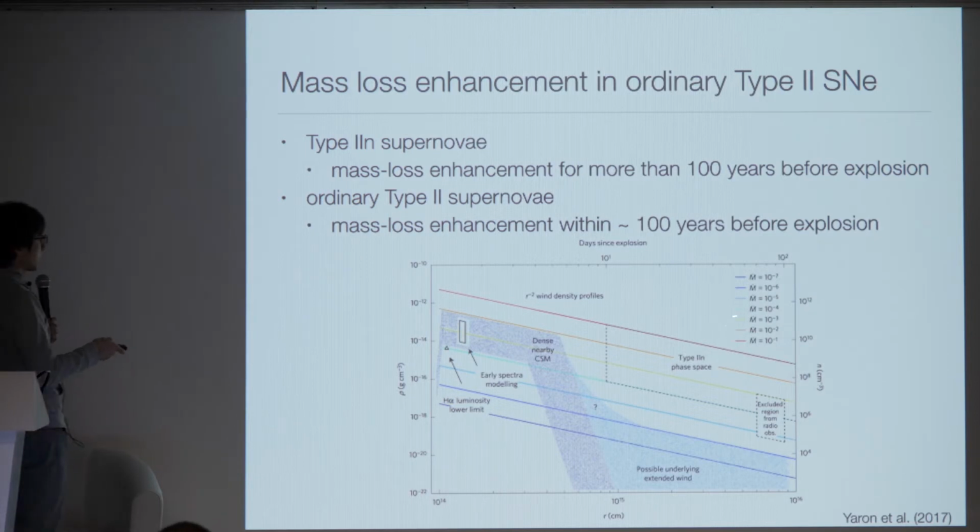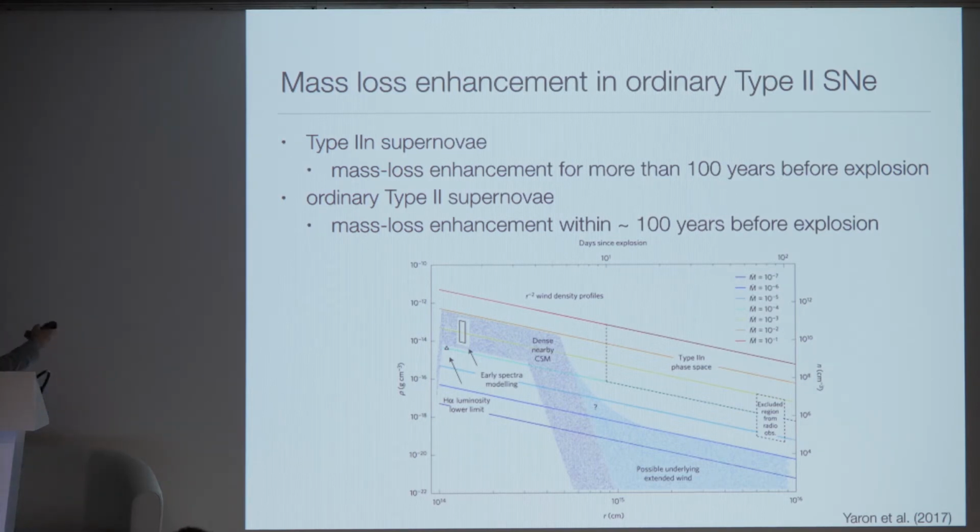For the type 2n supernovae, we saw 10 to the minus 3 solar mass per year or even more. But let's say this is the typical density structure, and this structure should be extended to a larger radius to have a continuous interaction.